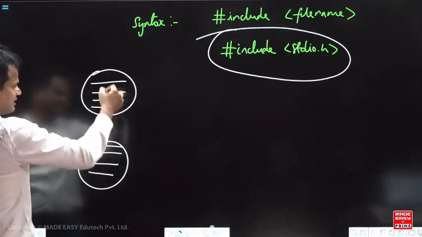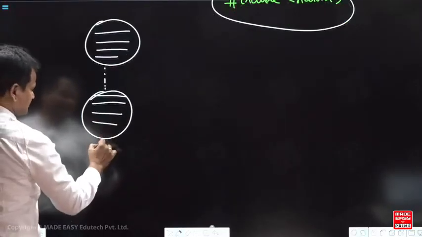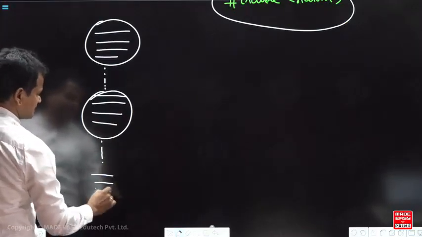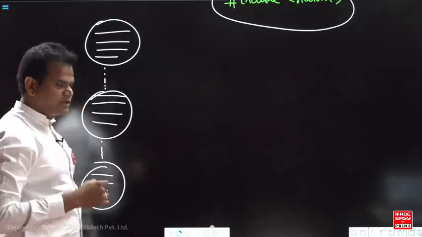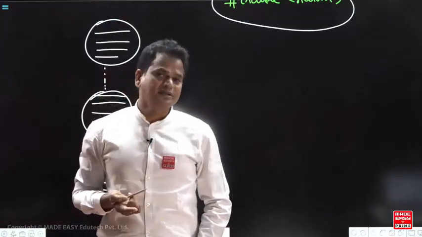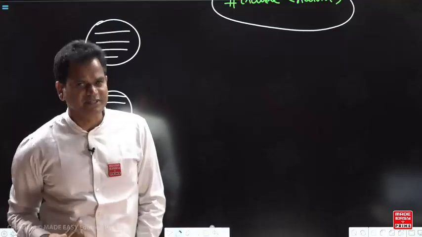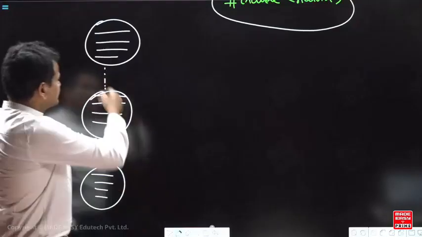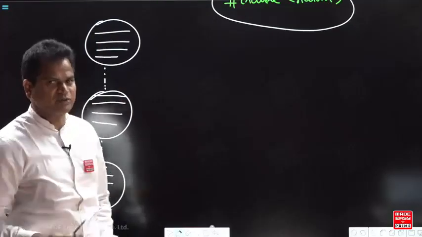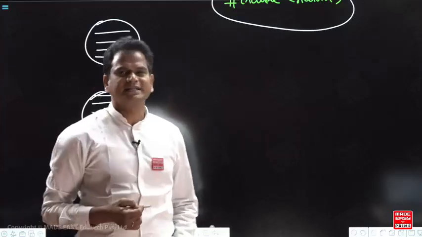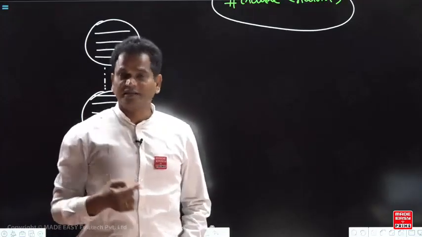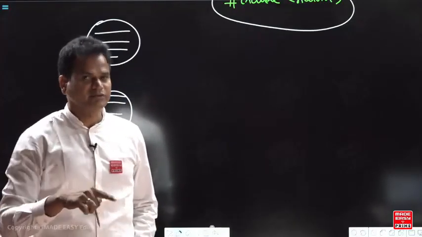Whatever we have done here, here also we are doing. Again, after some instructions, the same set of instructions we are using. If you are writing the same set of instructions repeatedly in the program, of course we can define it as a function. Then what is the difference between function and macro, we will see later.